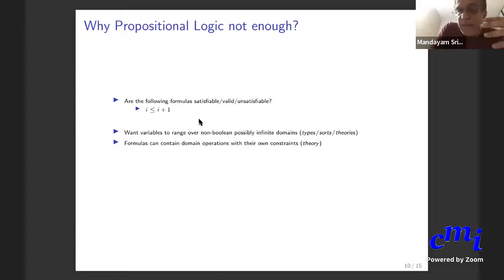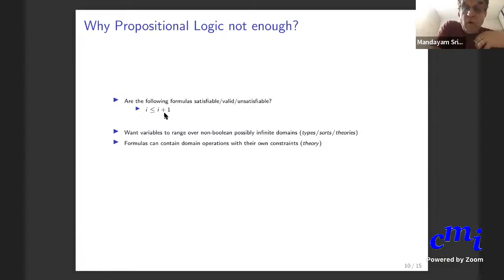These domains, I use interchangeably names such as types, sorts, theories. We will get to theories meaning a little bit more than types. Formulas can have, in this case for example, less than or equal to, plus, etc. They are not logical operators, not Boolean operators.